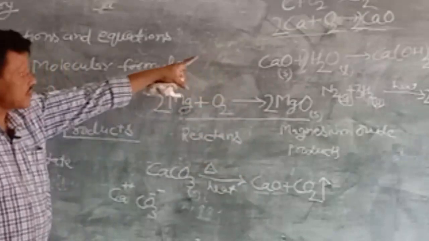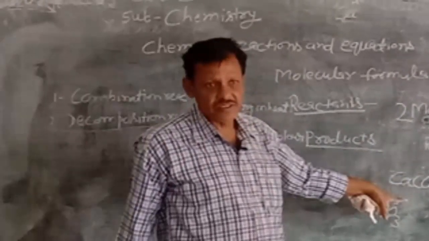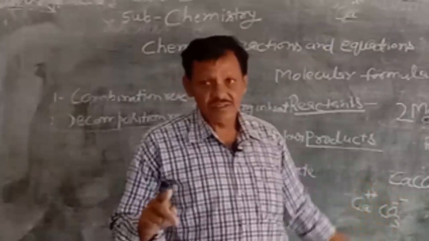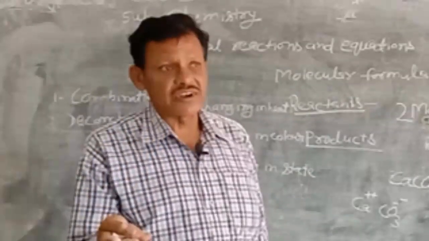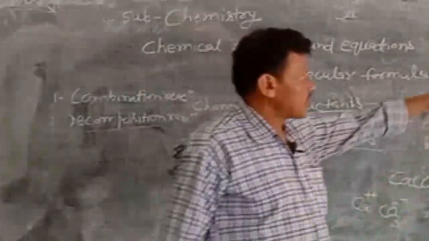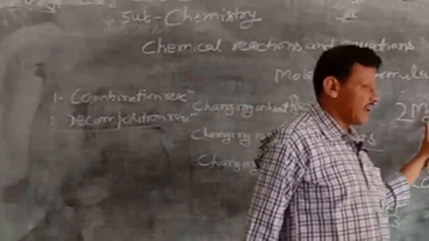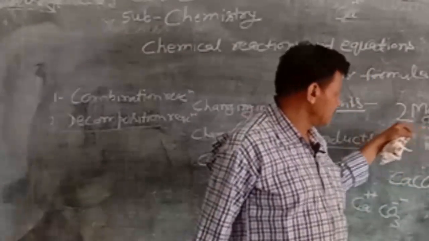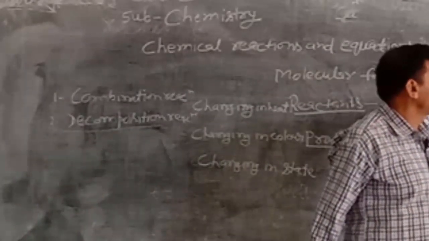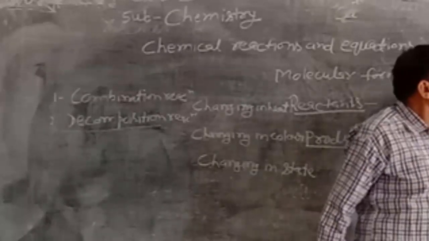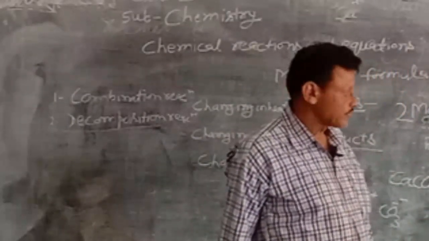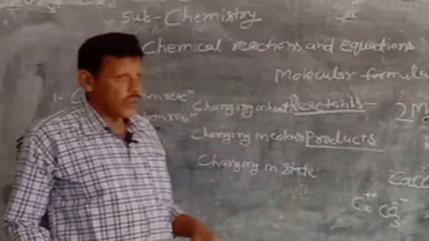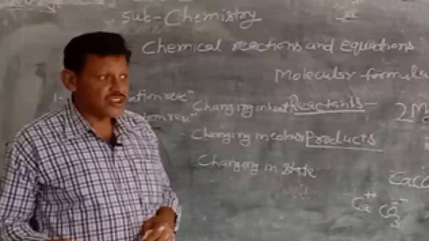What are the differences between combination reactions and decomposition reactions? In combination reactions, it is essential that there are two or more reactants, but the product is single. Here 2 reactants, here also 2 reactants, but a single product: carbon dioxide, calcium oxide, calcium hydroxide, magnesium oxide. Now we come to decomposition reactions.